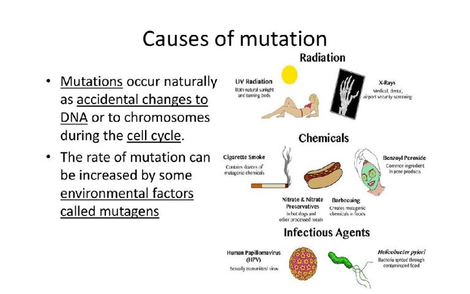Examples are chemicals in cigarette smoke, nitrates and nitrite preservatives in hot dogs and other processed meats, benzoyl peroxide, a common ingredient in acne products, then infectious agents like the human papilloma virus, HPV, and the bacteria Helicobacter pylori, which is spread through contaminated food. Then exposure to radiation: too much UV radiation results in skin cancers, and X-rays, medical, dental, and other, will also cause mutations.